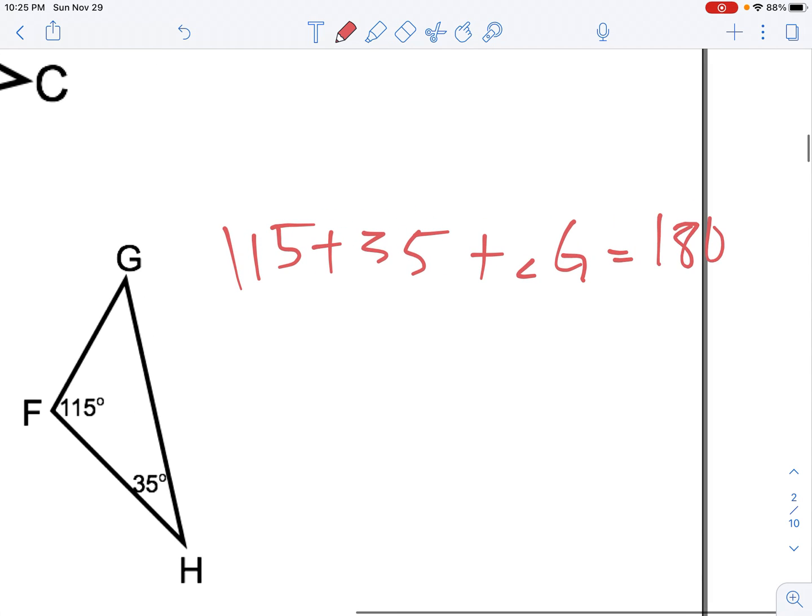So take what they give you, add it together, equal it to 180. In this case, we're just going to take 180 and then subtract off the 115 and the 35 added together. And that gives us the measure of angle G is equal to 30 degrees.